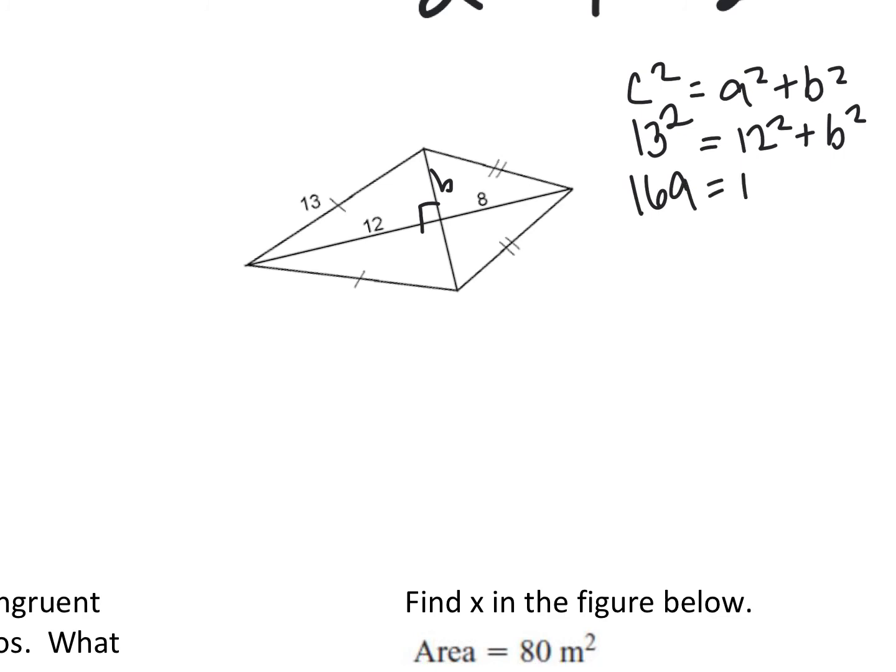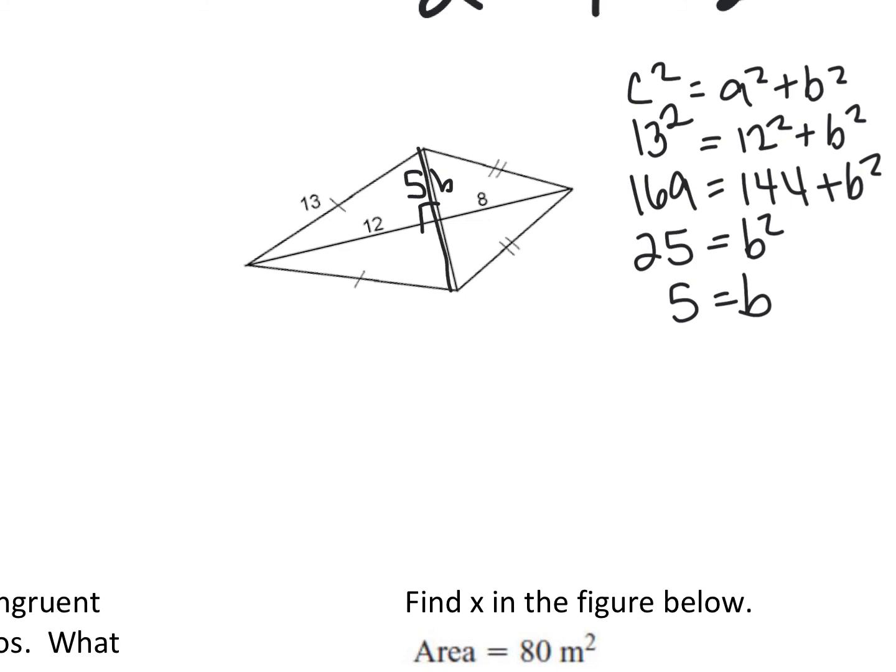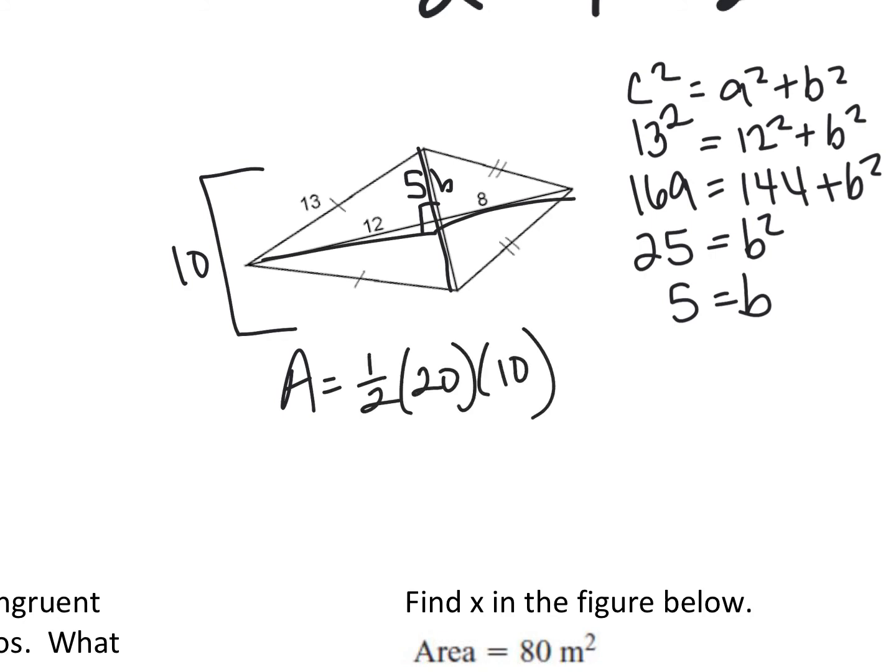So we do the math, and we get, so the square root of 25 is 5. So this is a 5, which makes this whole thing 10. All right, so the area is equal to 12 plus 8, which is 20, times 10. So half of 20 is 10, times 10 is 100. And again, we don't have units, so let's just practice writing it on there.